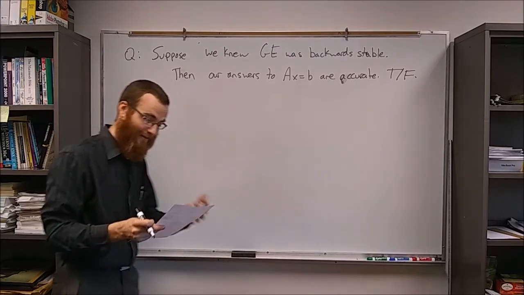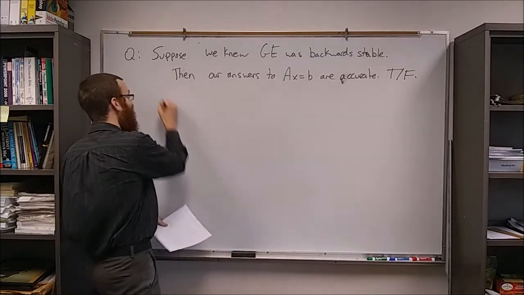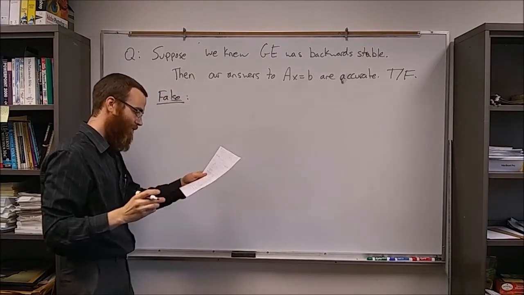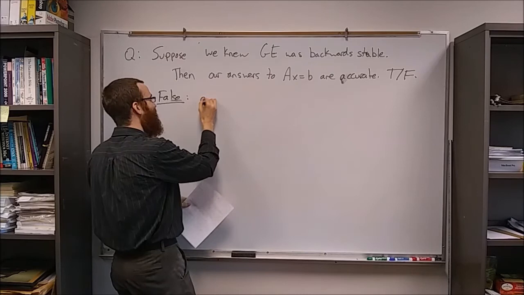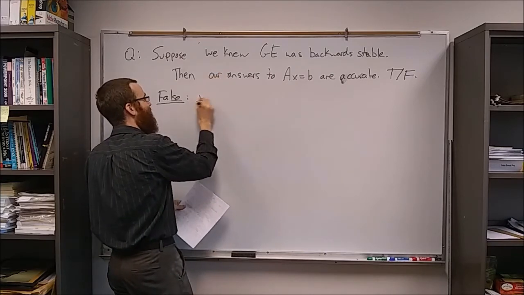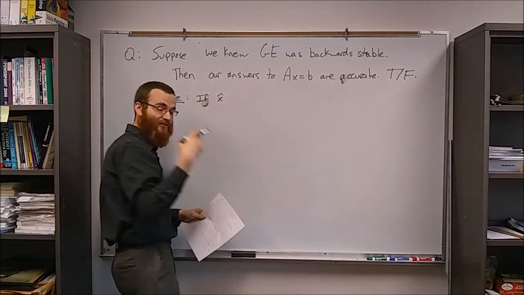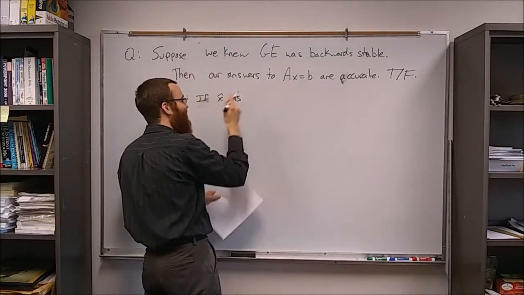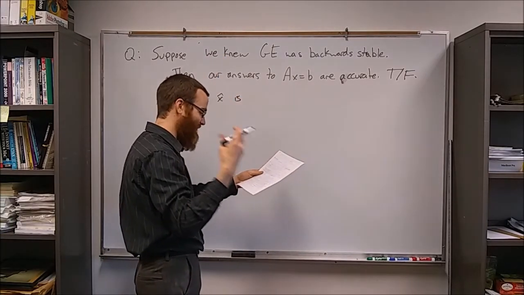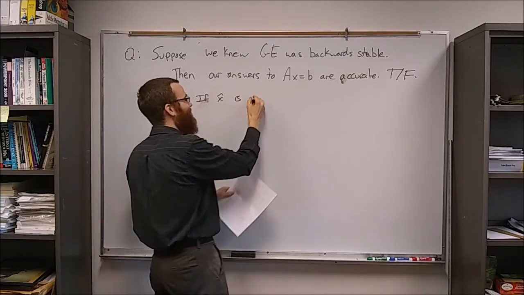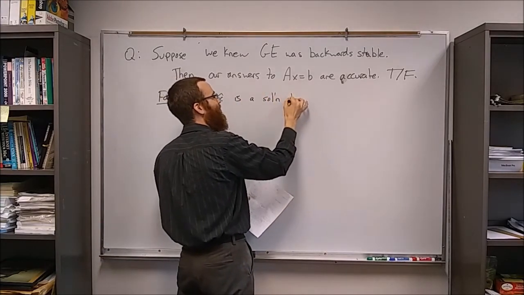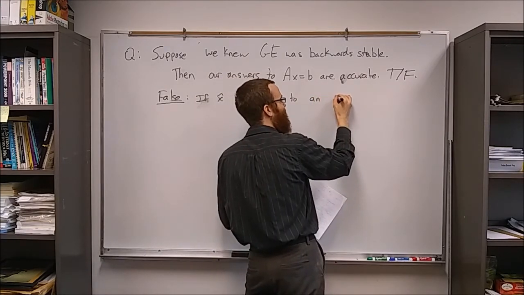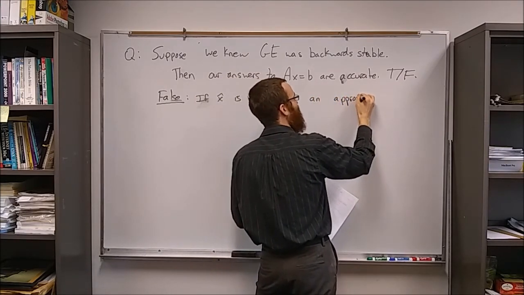All right, now that you have had a minute to think about this, the answer is false. So if x hat, which is our approximate solution that we got from Gaussian elimination, if Gaussian elimination is backward stable, then x hat is a solution to an approximate problem.